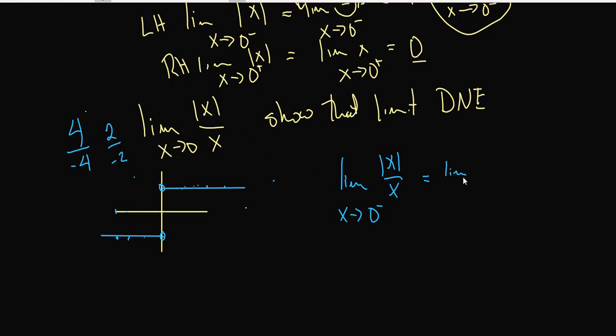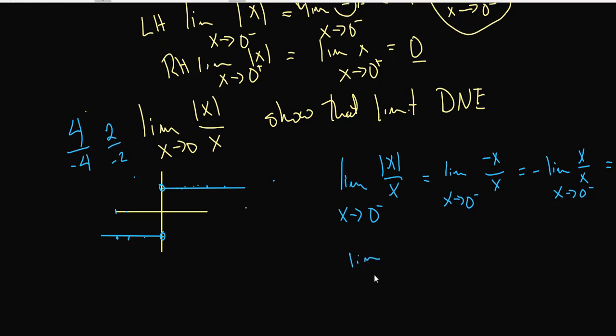It's going to be the limit as x goes to 0 from the left of negative x over x. And we can bring the minus outside. We get the limit of x over x as x approaches 0 from the left. So this is 1, the limit of a constant. So it's negative 1 from the left.